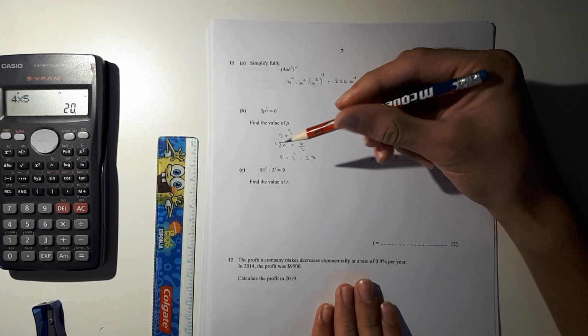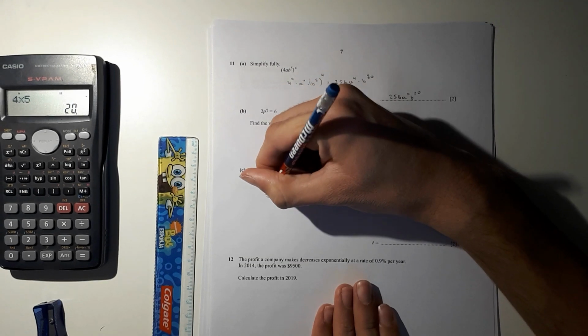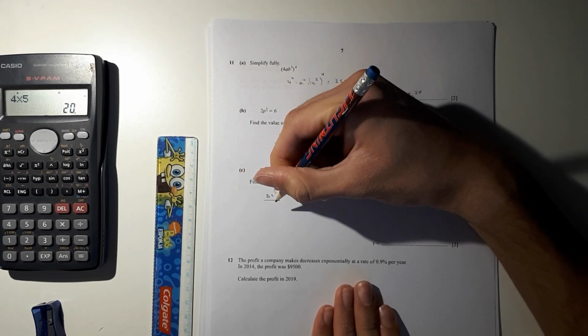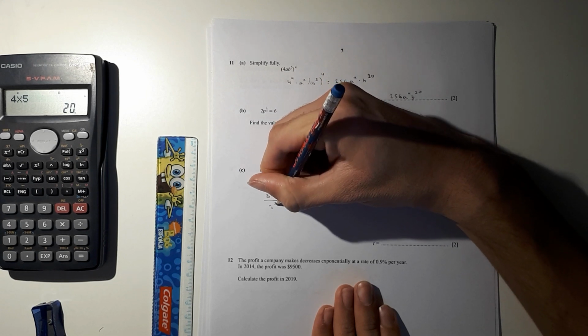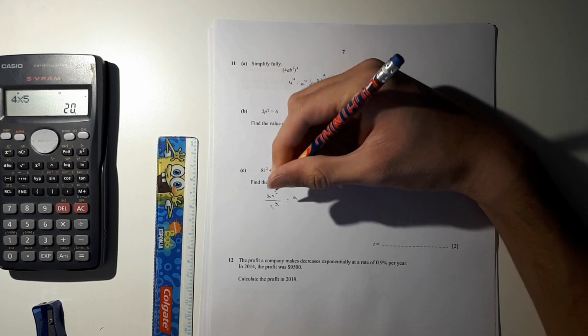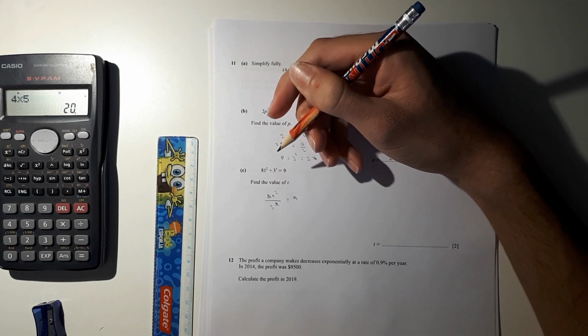Now find the value of T, and we're going to write this down as this: 81 squared divided by 3 to the T equals to 9. So we know that all of this can be written as powers of 3.